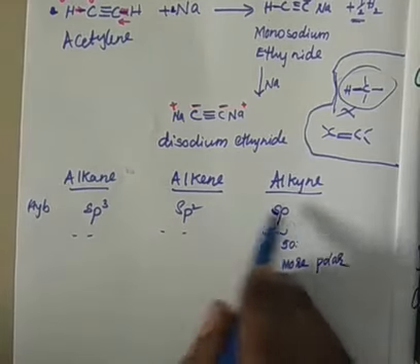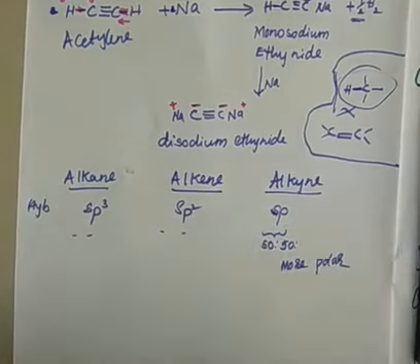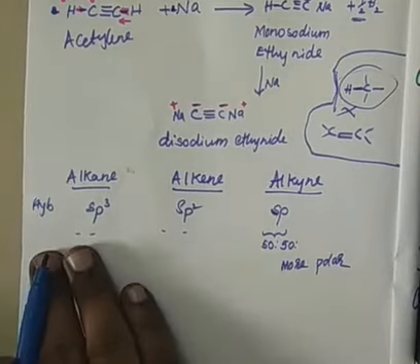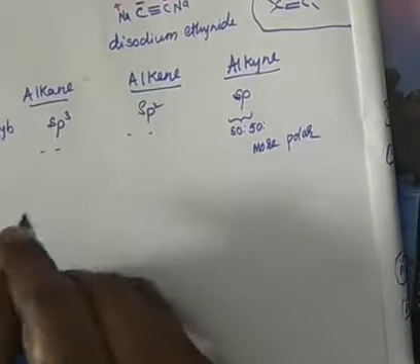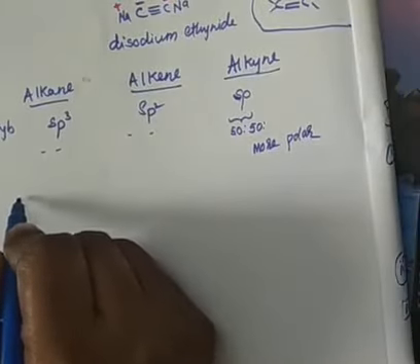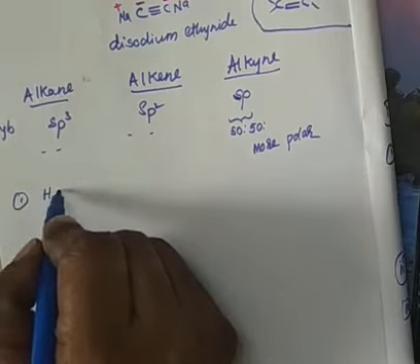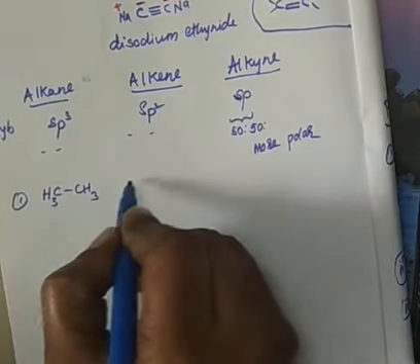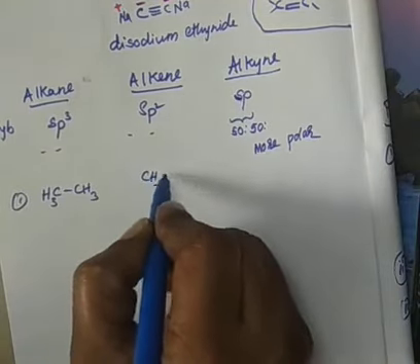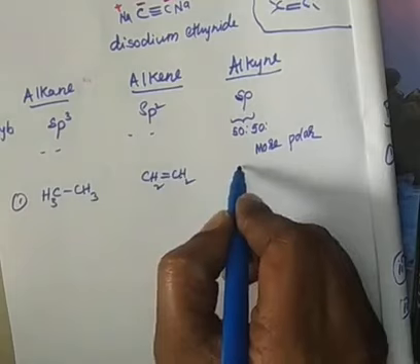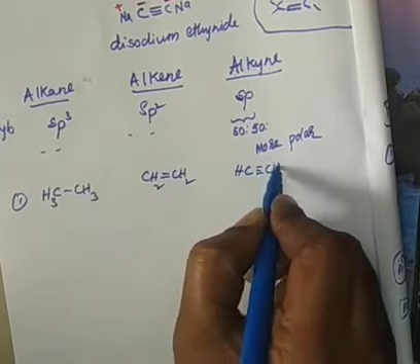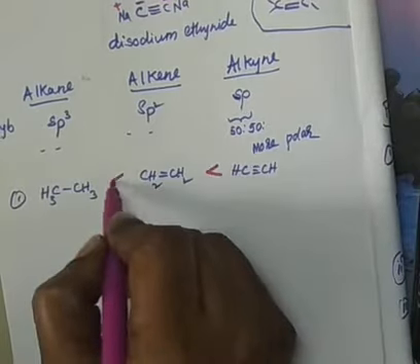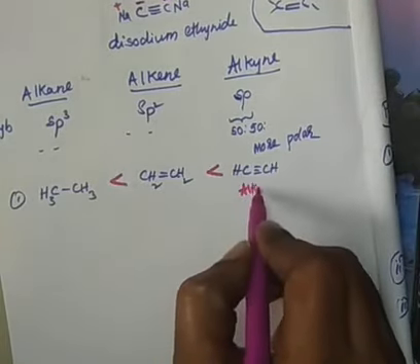Due to this hybridization, it withdraws the electrons and becomes more polar than alkene and alkane. Therefore, the polarity order: CH3 for alkane, CH2 for alkene, then CH triple bond CH. Who will be more polar? Obviously the triple bonded compound, the alkyne, is more polar.